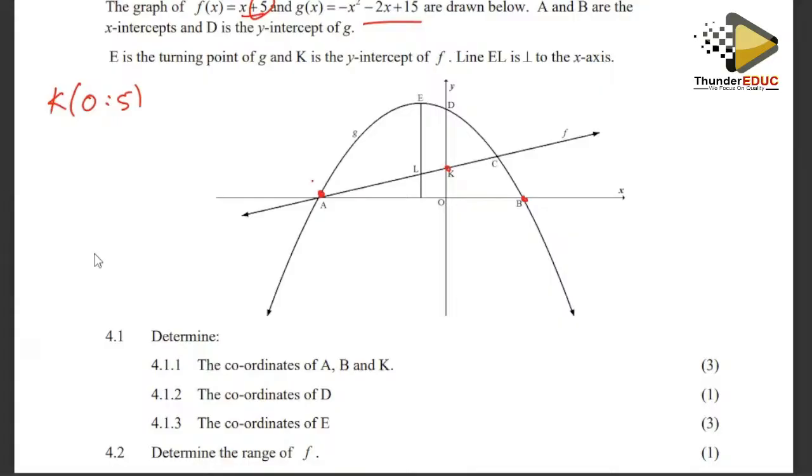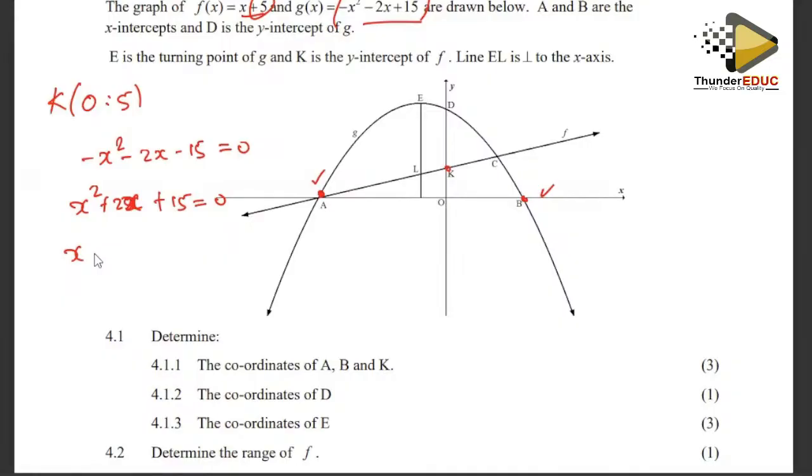And then for A and B, we know that the graph passing there is f and g. We can just use this equation straight away and factorize. Negative x squared minus 2x plus 15 is equal to 0. Divide through by negative, so x squared plus 2x minus 15 is 0.